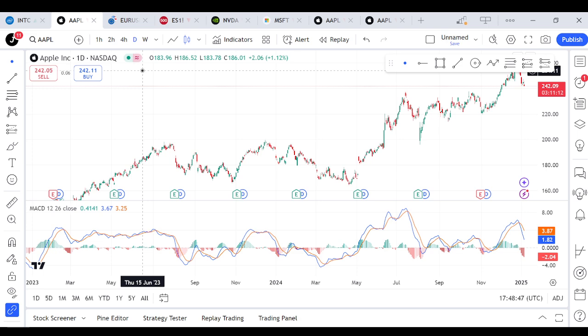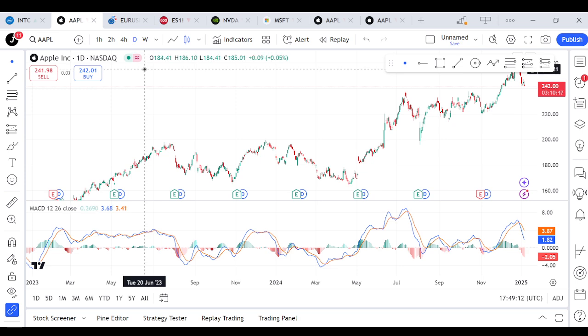So when you see strong momentum, it typically suggests that the current trend has a significant force behind it and is likely to continue. Conversely, weak momentum can signal that a trend might be running out of steam, potentially leading to a reversal. So one key characteristic of momentum indicators is their ability to identify overbought and oversold conditions in the market.